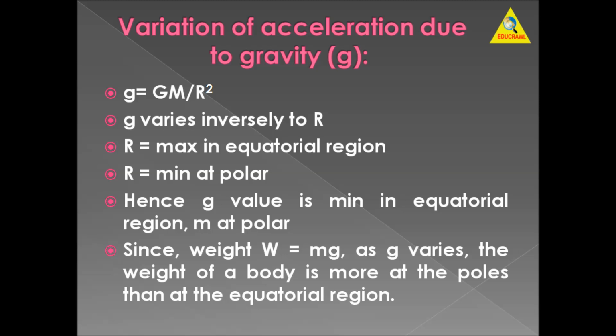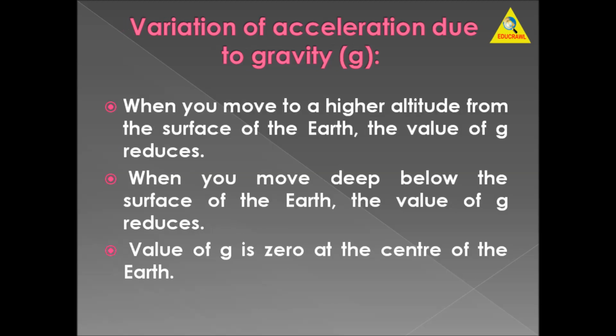Hence, as the value of g increases, the weight also increases. As we move to higher altitudes, the value of g reduces, and also when we move deep below the surface of the earth, the value of g reduces, and the value of g is equal to 0 at the center of earth.